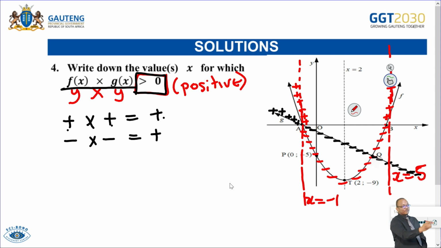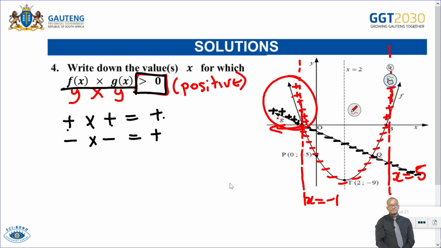So, from -1 going to your left-hand side, we have positive values of both g and f. So it means x will be less than -1.